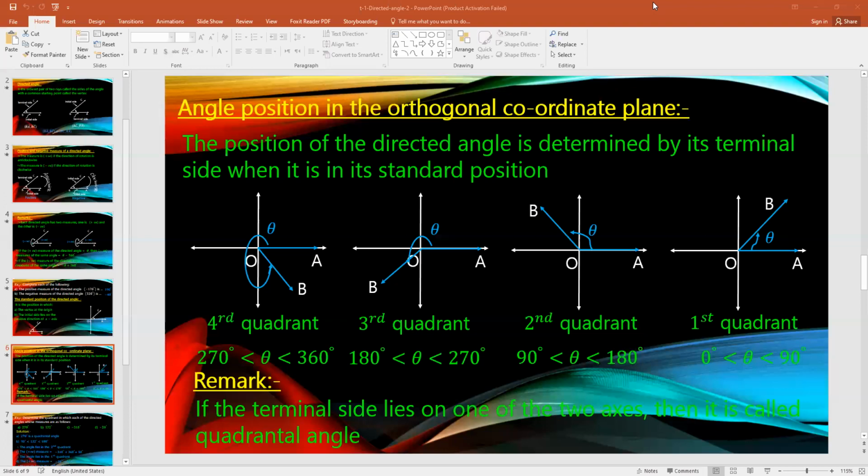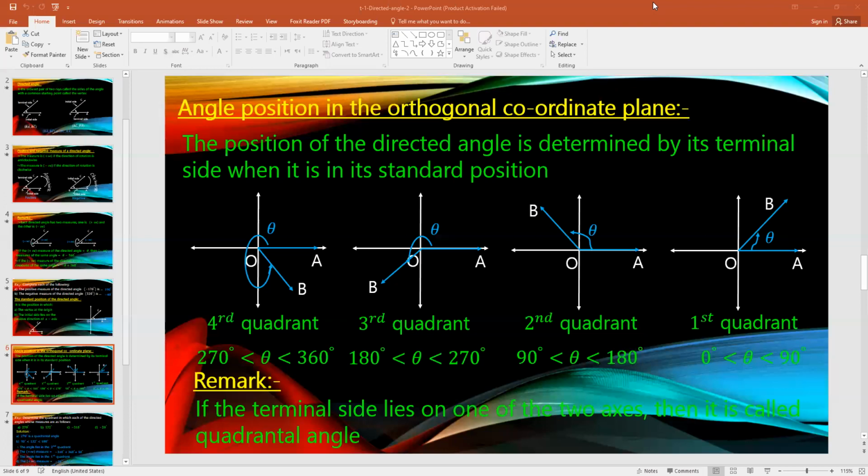If I move the initial side one turn, equal to 360, I will get the same terminal side, so the equivalent angle, by one turn. Here, to find the angle whose measure is theta or the equivalent angle, you will add or subtract n times 360, the number of turns. One turn equals 360, where n belongs to Z.